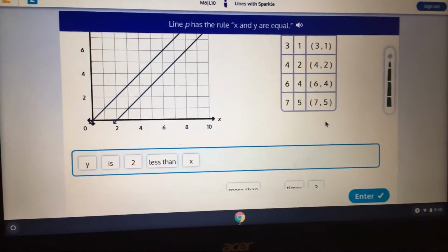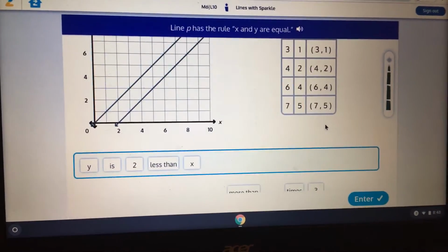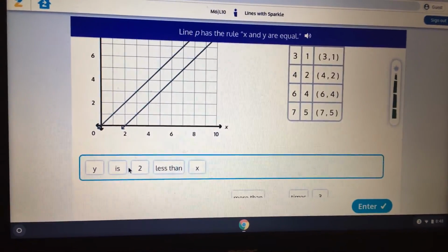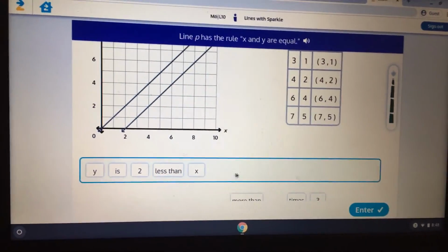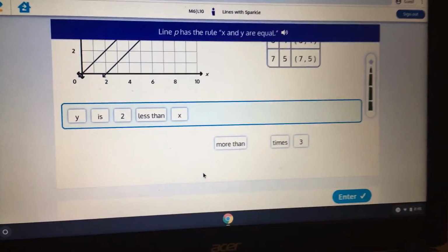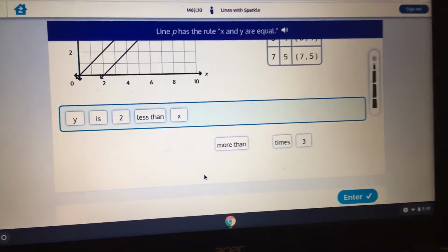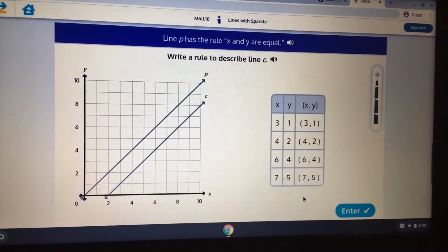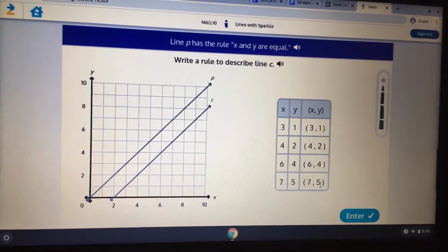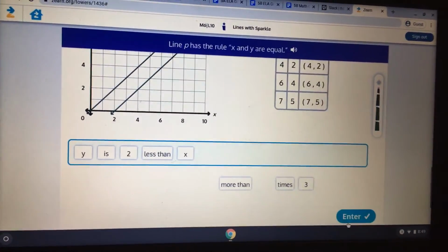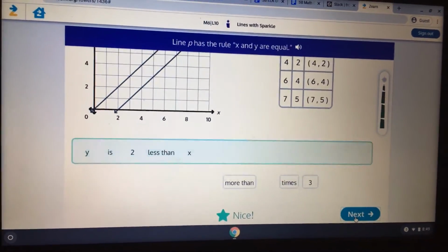So I can tell that there's 2 difference between each of my x coordinate and my y coordinate. So y is 2 less than x. I'm sure I could probably also say x is 2 more than y, and that would probably be acceptable too, because that statement is correct. If my x is 7, then it's 2 more than my y, so therefore my y would be 5. There we go.